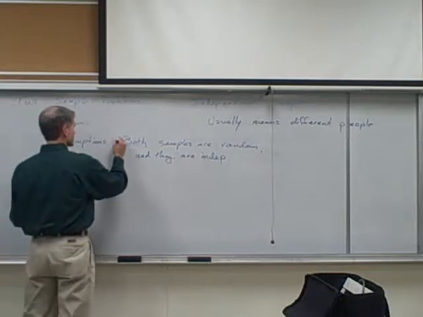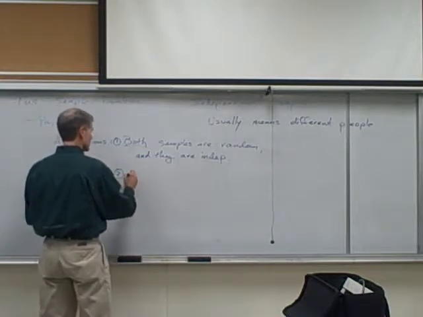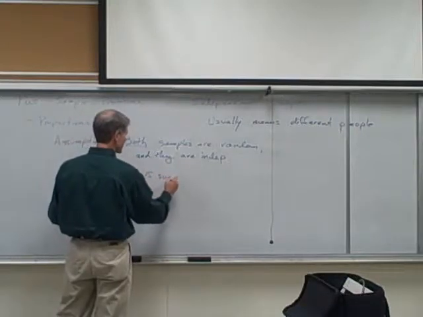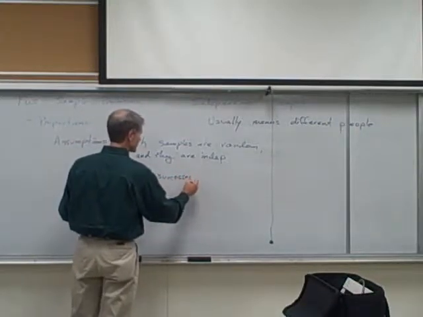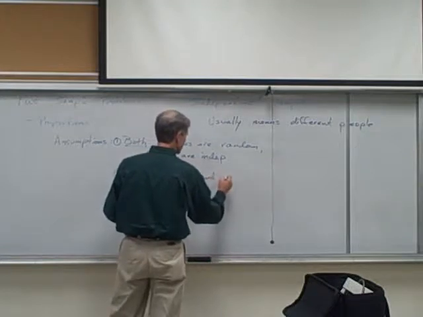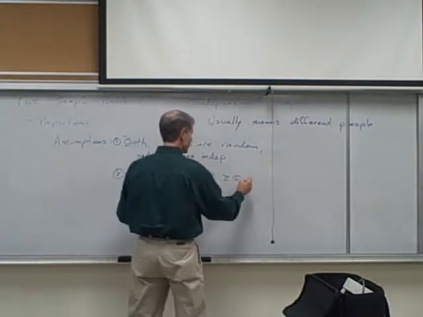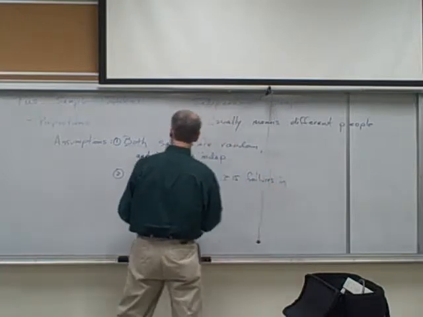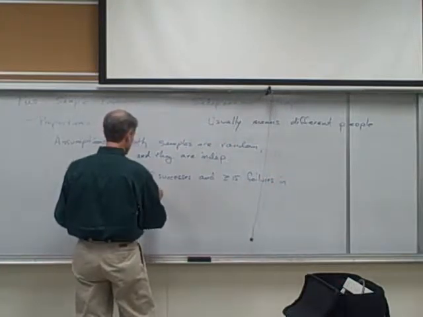And then, so that's number one. Number two, greater than or equal to 15 successes and greater than or equal to 15 failures in each sample.